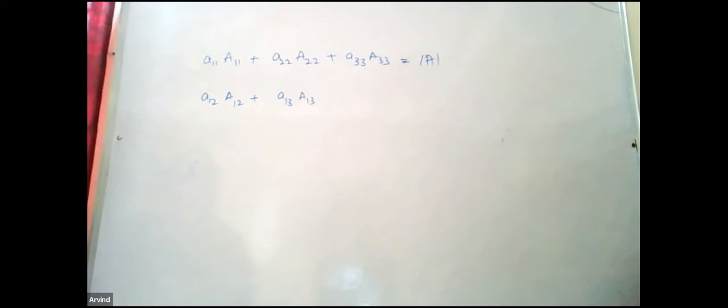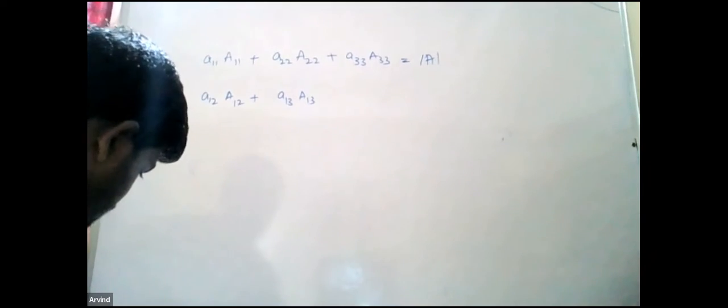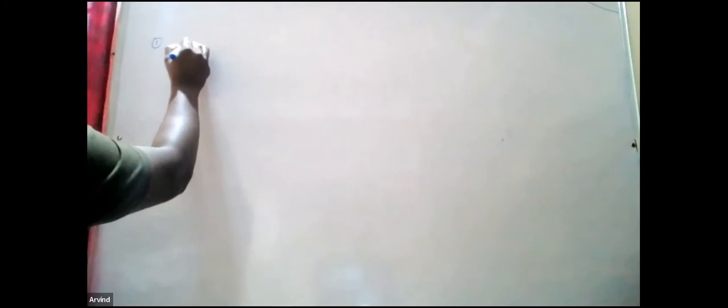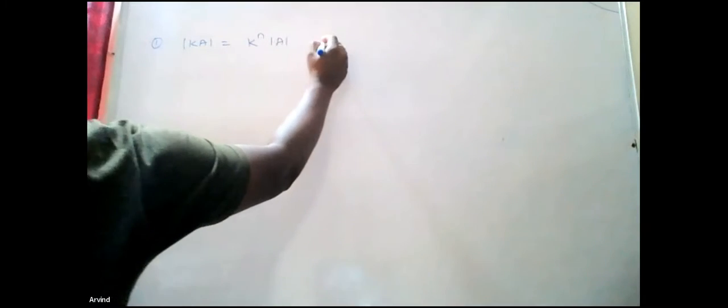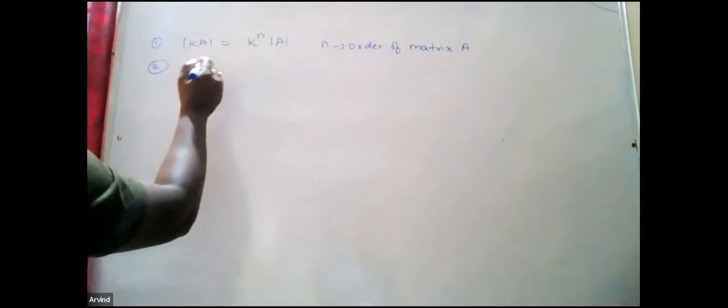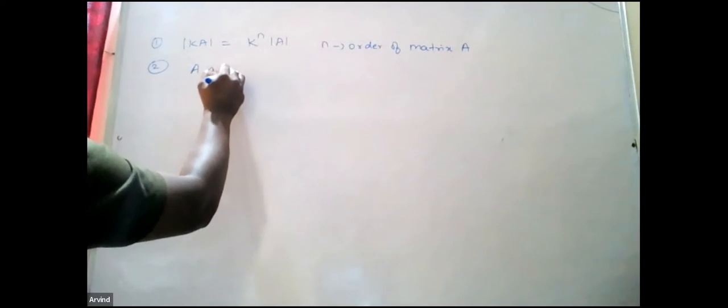Okay, once again I'll give it as a note itself. First point is in the notes. First one was determinant of kA is equal to k to the power n determinant of A, n is the order of matrix A. Then second point, what is A into adjoint of A?